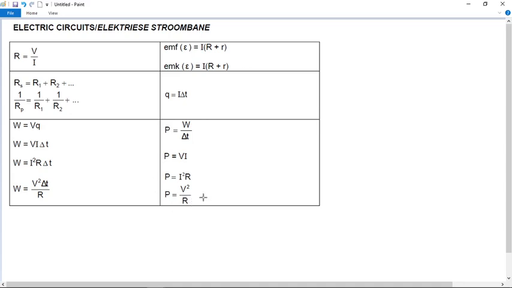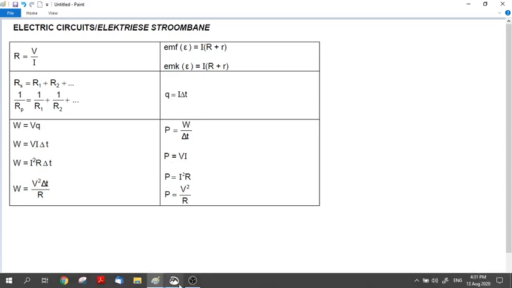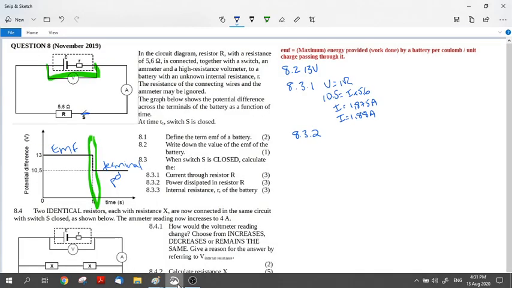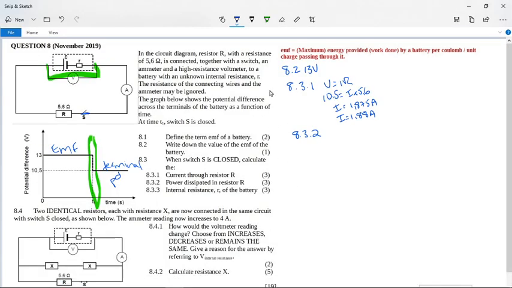If you want to be really careful, use only the things in the question, and in the question they give you V and they give you R. Remember we read V off the graph and R is written on the resistor, but the easiest one is P equals VI. So we can just go P equals VI because we just calculated I. Okay, so the volts were 10.5 off the graph and the I was 1.875.